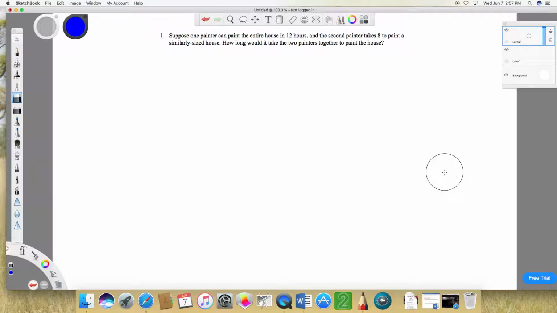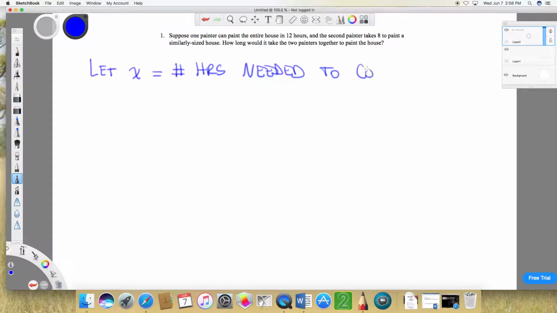So we begin by defining our variable. Let's let x be the number of hours needed to complete the job working together.